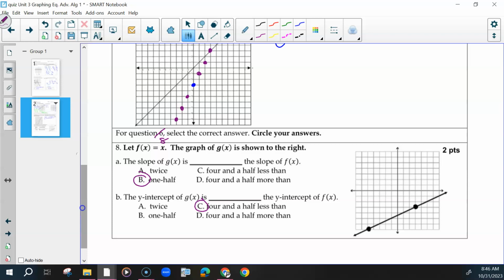Questions on anything quiz related or test related before you take your test? On number 7, why are we only supposed to have 2 dots?